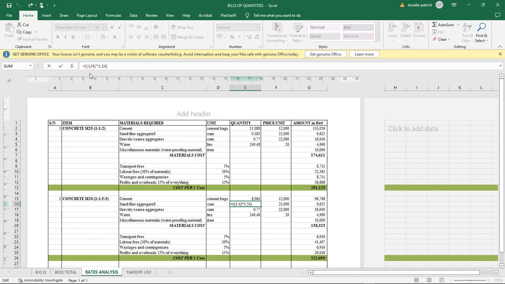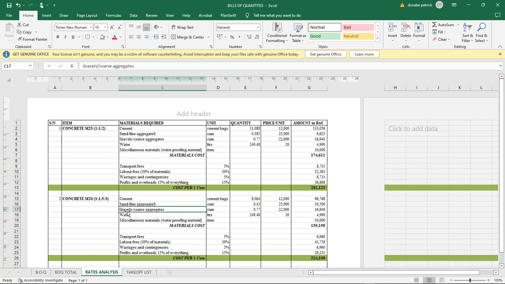So we're gonna be putting 1.5 right here, and then we're gonna be dividing it with 5.5 as the total of these, and then we're gonna multiply it with 1.54 as that shrinkage factor, and then I'm gonna be hitting enter. I'm not gonna be calculating this into kilograms, because the sand and the aggregates are both in cubic meters, so I'm gonna let it like this.